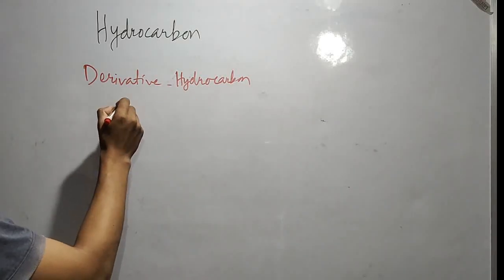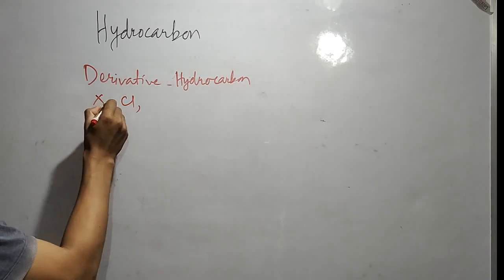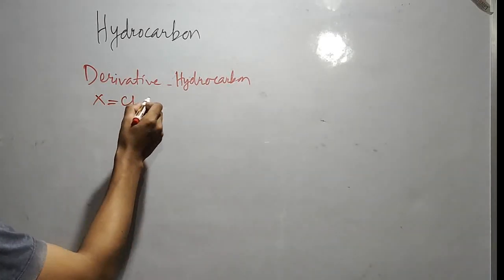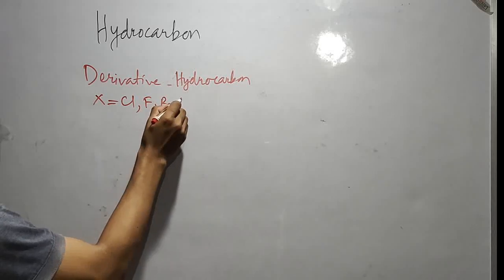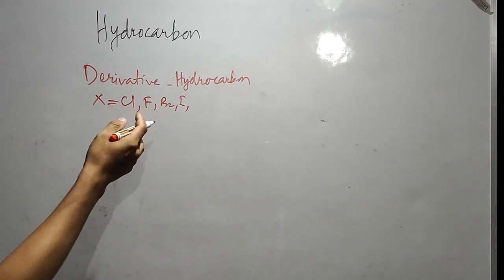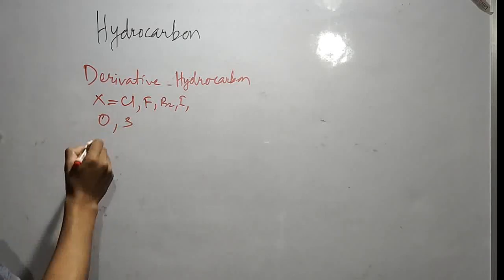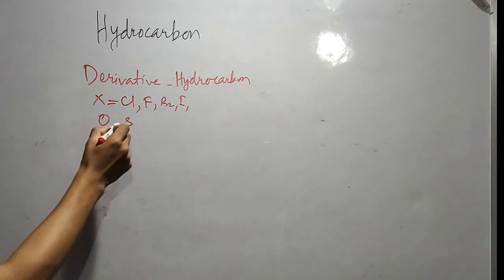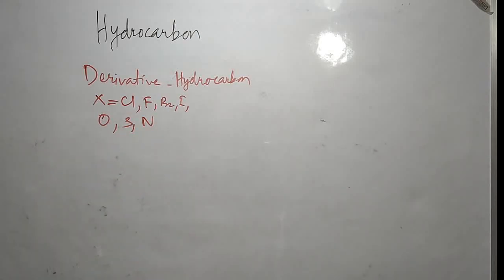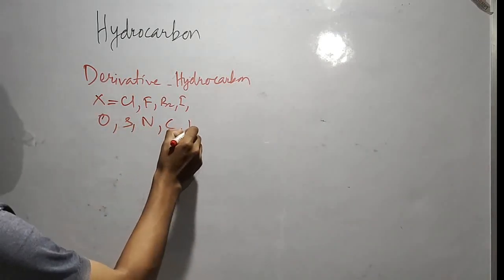Suppose chlorine may be there, or a halogen, which can be chlorine, fluorine, bromine, or iodine. Oxygen may be there, sulfur may be there, and hydrogen also. So in those derivatives there may be this kind of different atoms present, along with carbon and hydrogen.